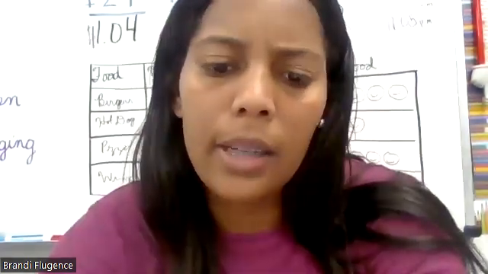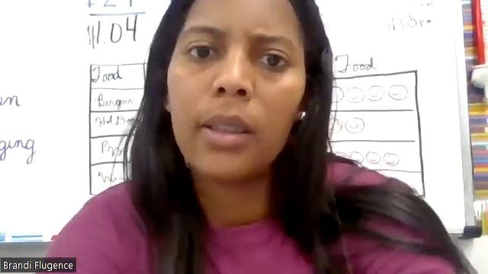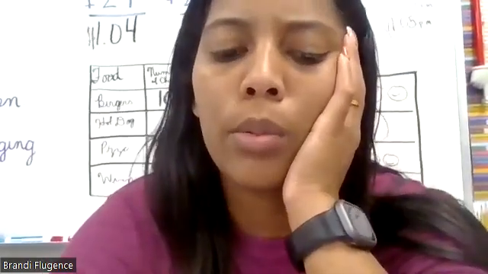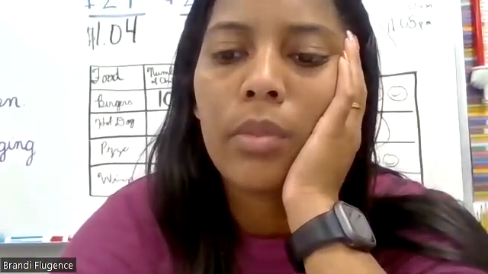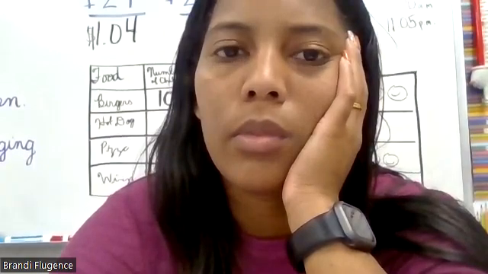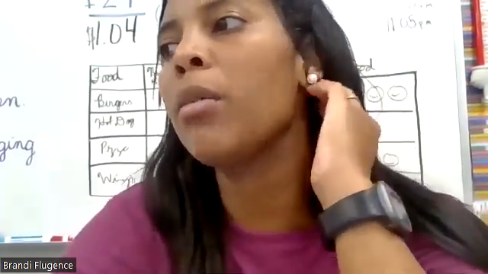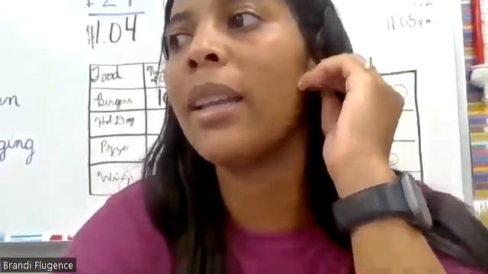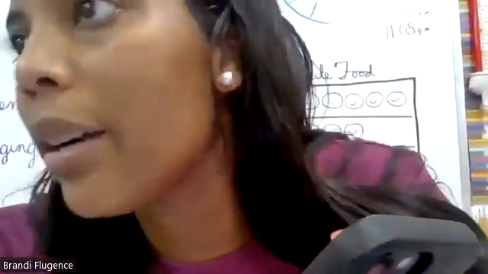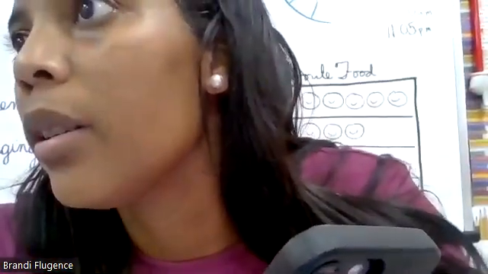You got it, Dennis? How many were eaten in room 2? 2, 4, 6, 8, 9. 9. So guys, remember that half means 1. You're using the numbers right here. Are you using these numbers?